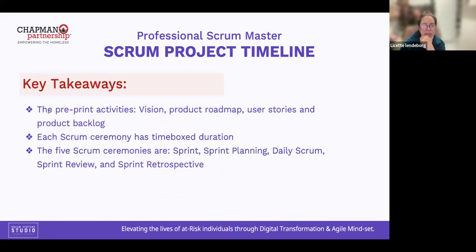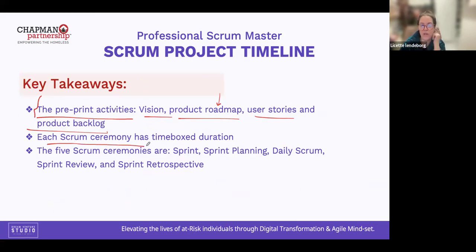Key takeaways. The pre-sprint activities that I mentioned at the beginning of this chapter. We need the vision, product roadmap, which is the calendar, user stories, and product backlog. We mentioned that in the introduction of this chapter.